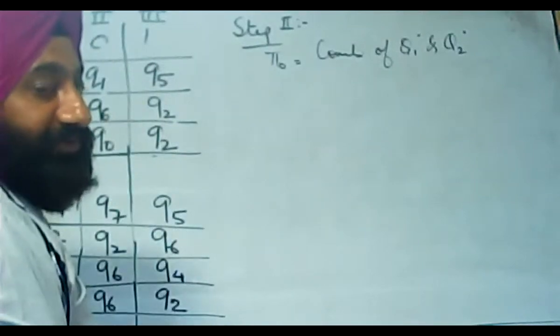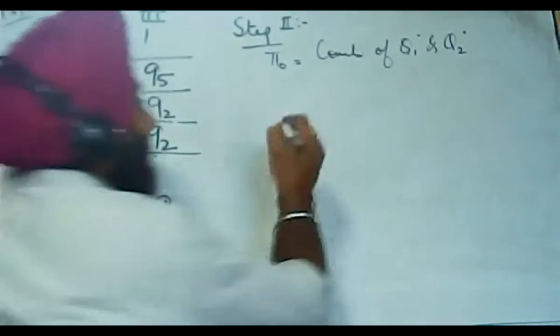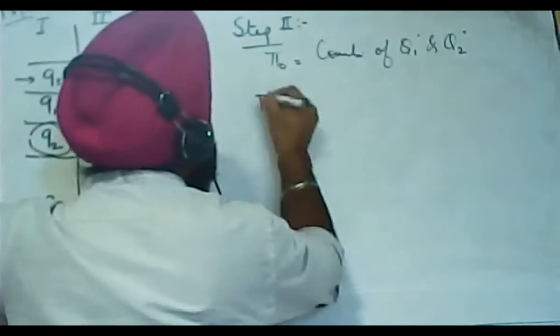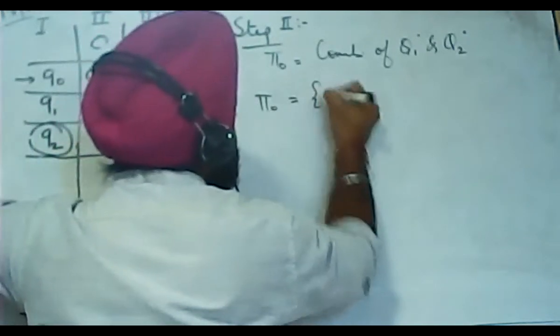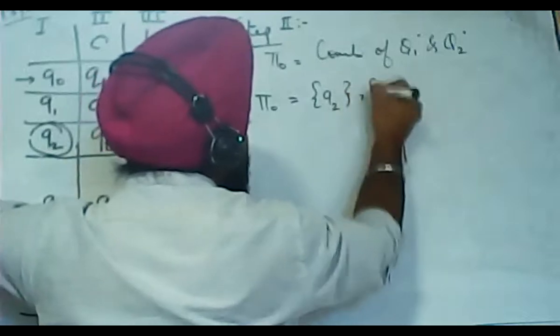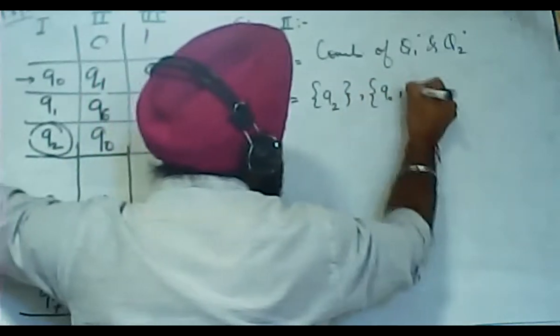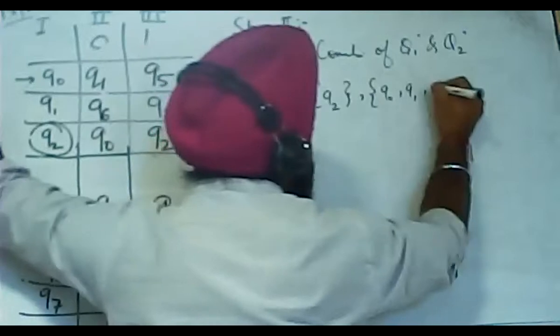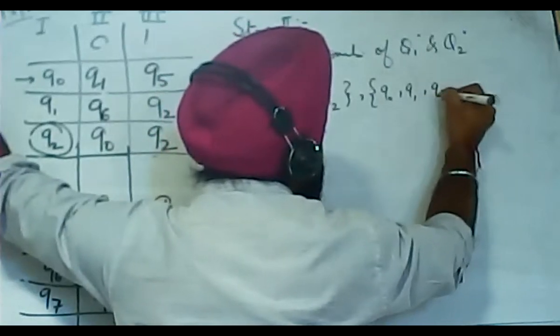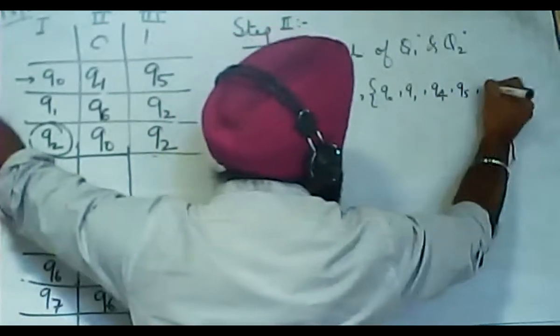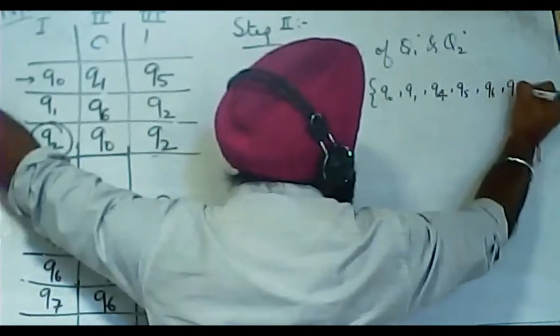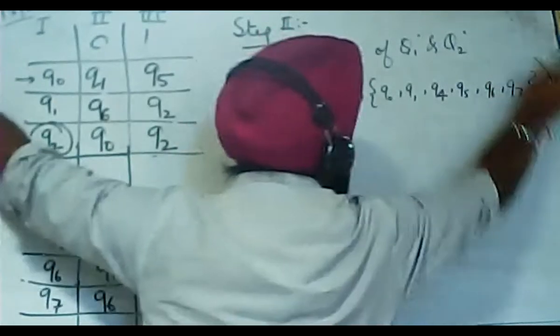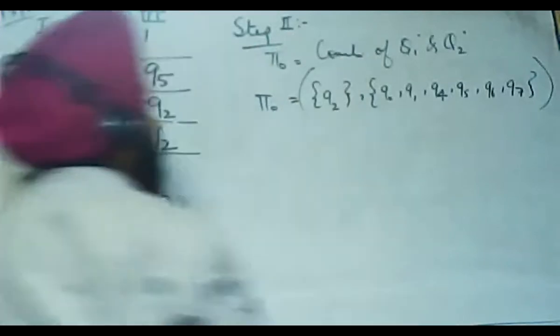So pi naught is your combination of Q1 degree and Q2 degree. Here Q2, comma, Q naught, Q1, Q4, Q5, Q6 and Q7. So this is your pi naught.